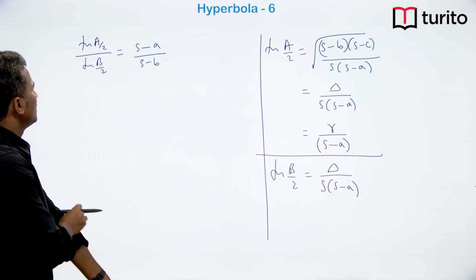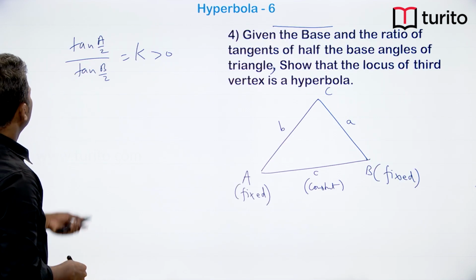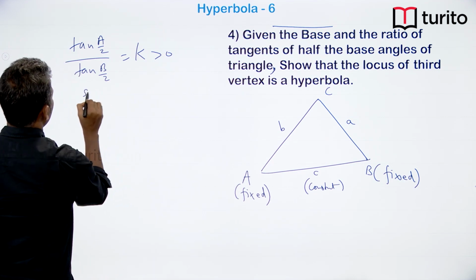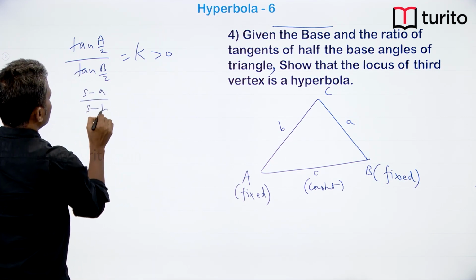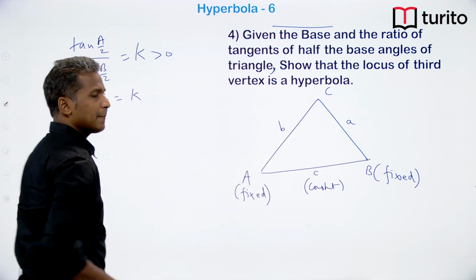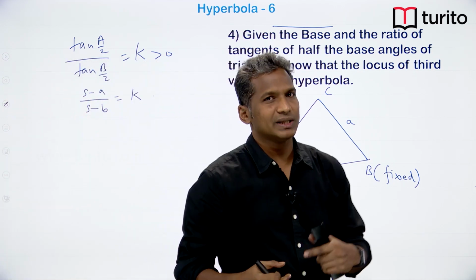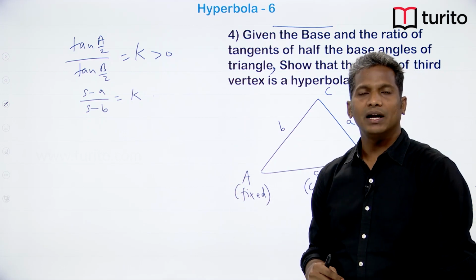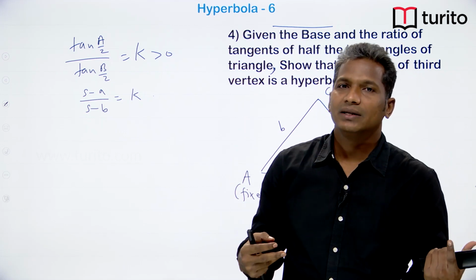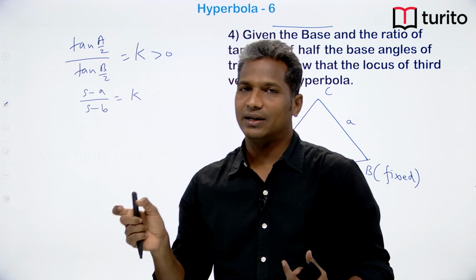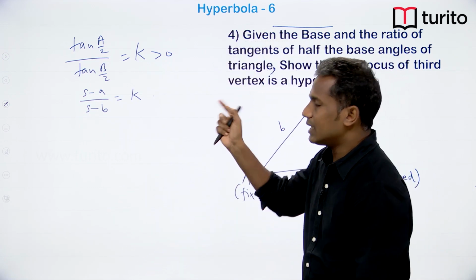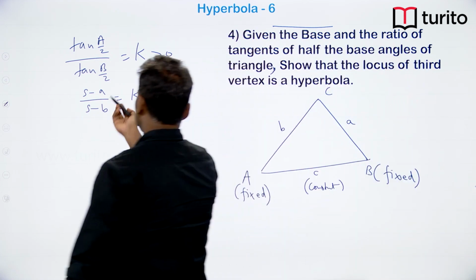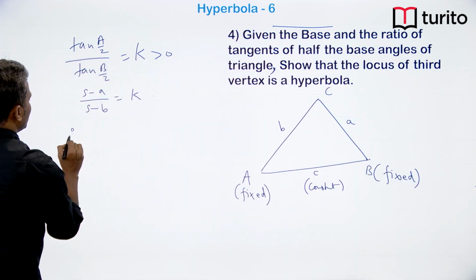Now, that means this constant k must be equal to s minus a by s minus b. Now what is the next step? We know that both a and b are variables, and of course s also will vary because point C is varying, but still we can get a relation here by taking componendo and dividendo.